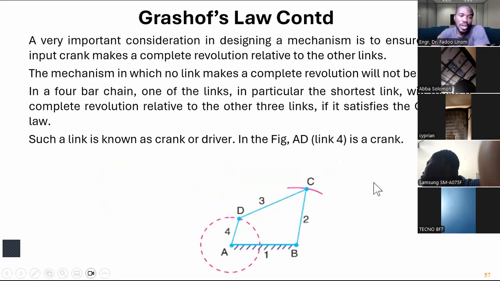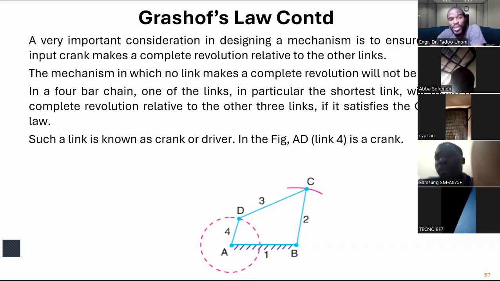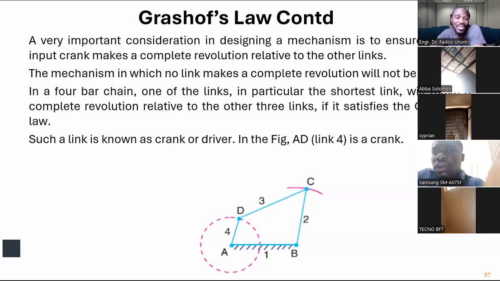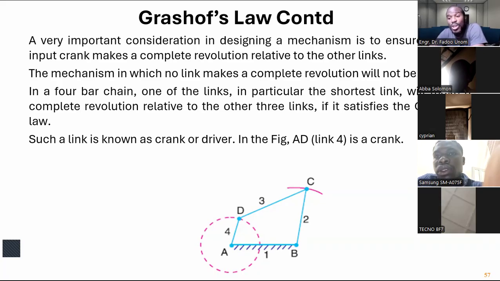So we say that to ensure the input crank continues to make a complete revolution relative to the other links, that criterion must be met. The sum of the shortest link, which is always the crank, and whichever other link is the longest link should be less than or equal to the sum of the other 2 remaining links if you will achieve that motion.